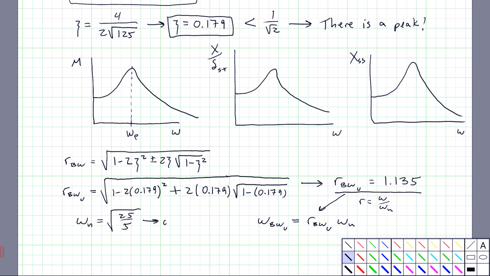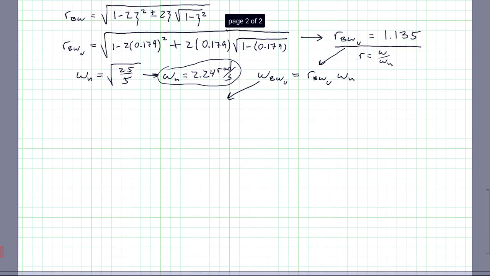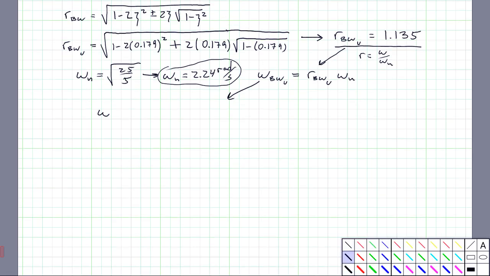So omega n in this example is 2.24 radians per second. So my upper bandwidth frequency is 1.135 times 2.24, which is equal to 2.54 radians per second.